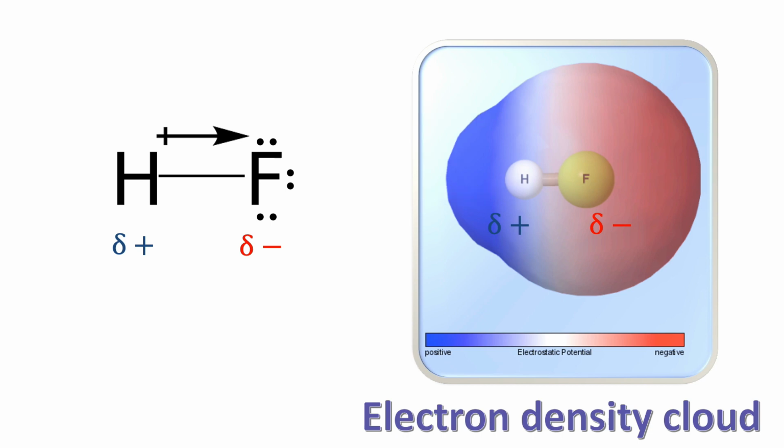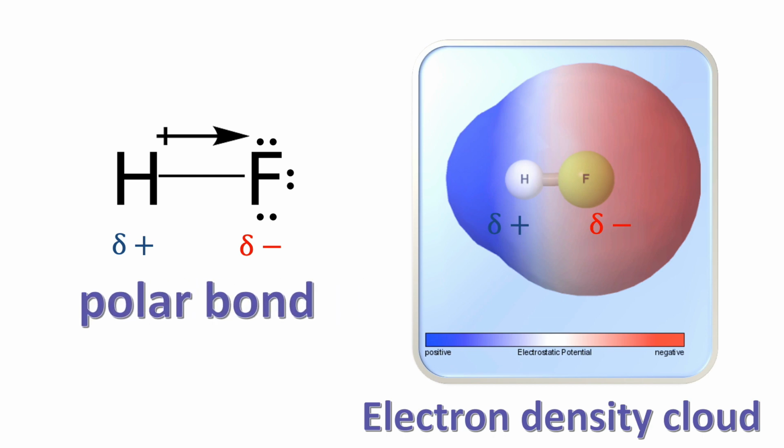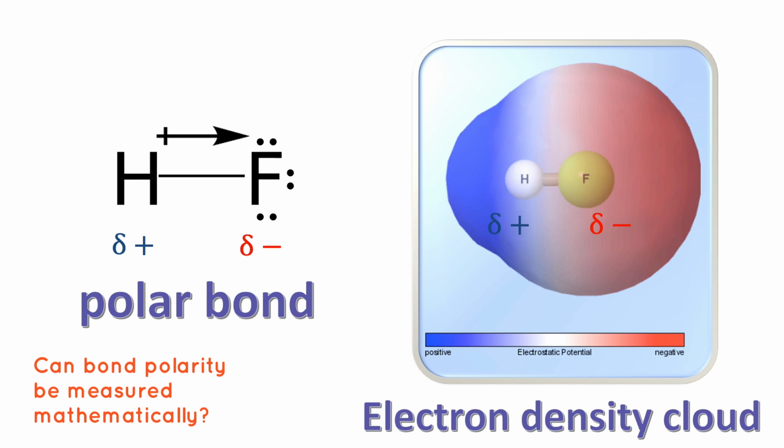As electron density is not equally distributed, the covalent bond between hydrogen and fluorine atom is said to be a polar bond.